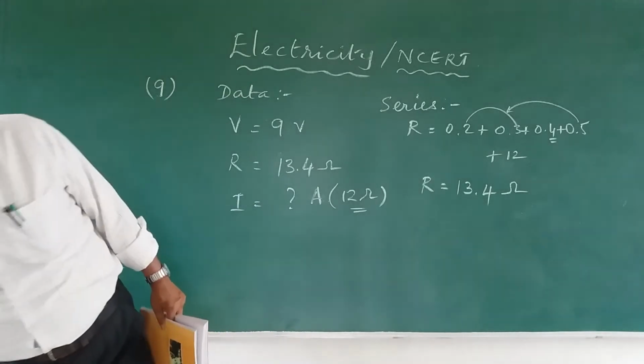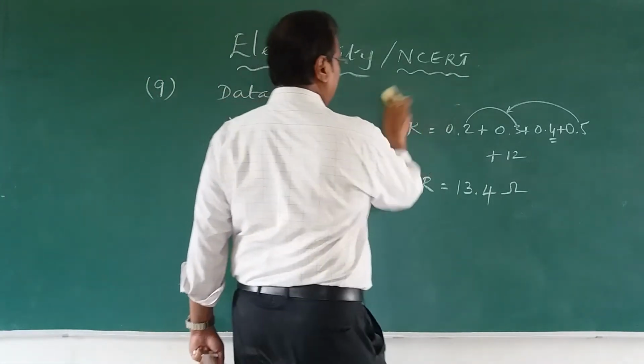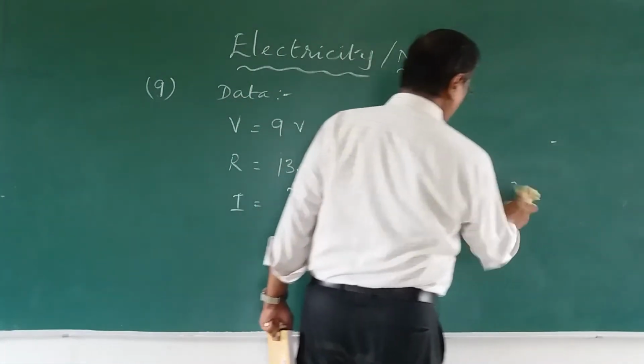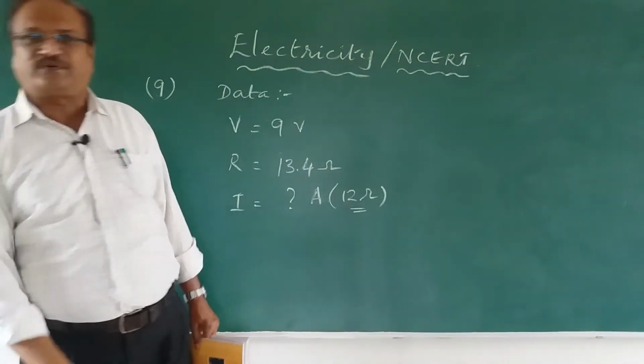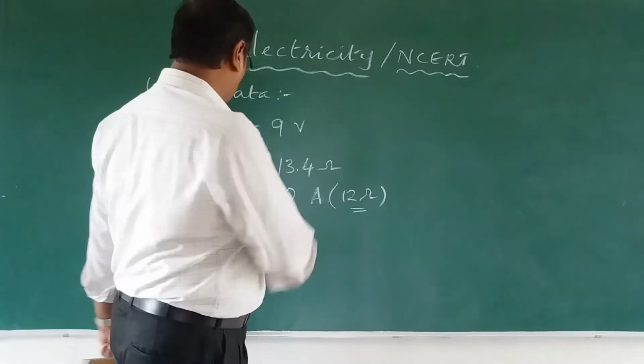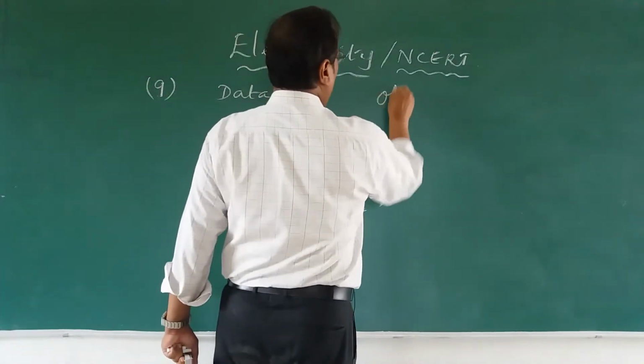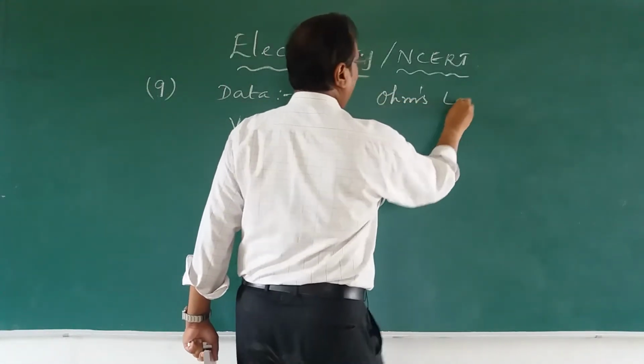So we just need to calculate the total current and the same current will pass through 0.2, 0.3, 0.4, 0.5 and 12 ohm also. So we know Ohm's law. What does it say?